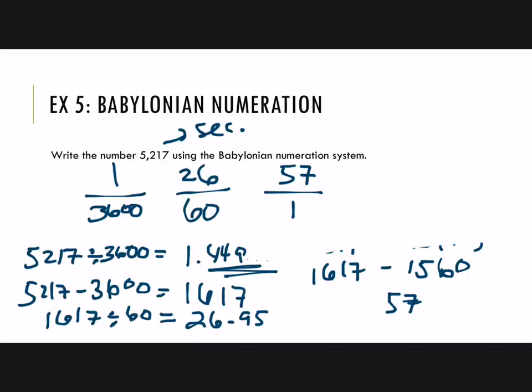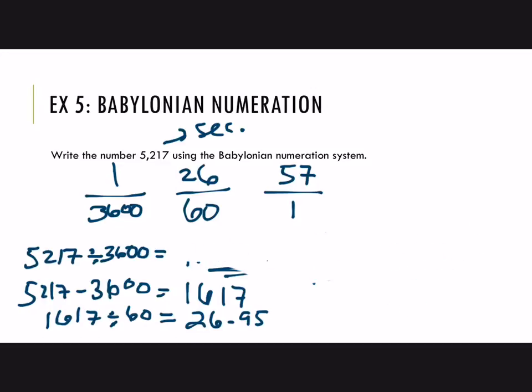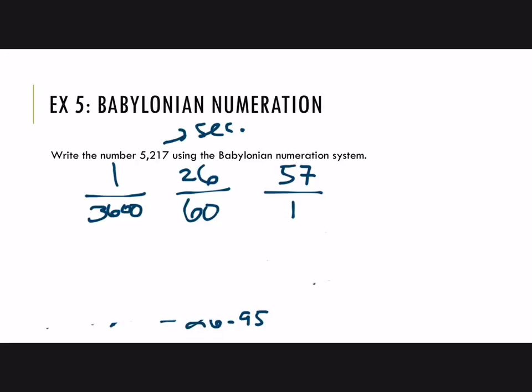Now the last thing we need to do is just write this using the cuneiform symbols. All right, and we're going to use these symbols here. Okay, so one group of 3,600, we just need a symbol for 1. 26 is 2 10s and 6 1s.